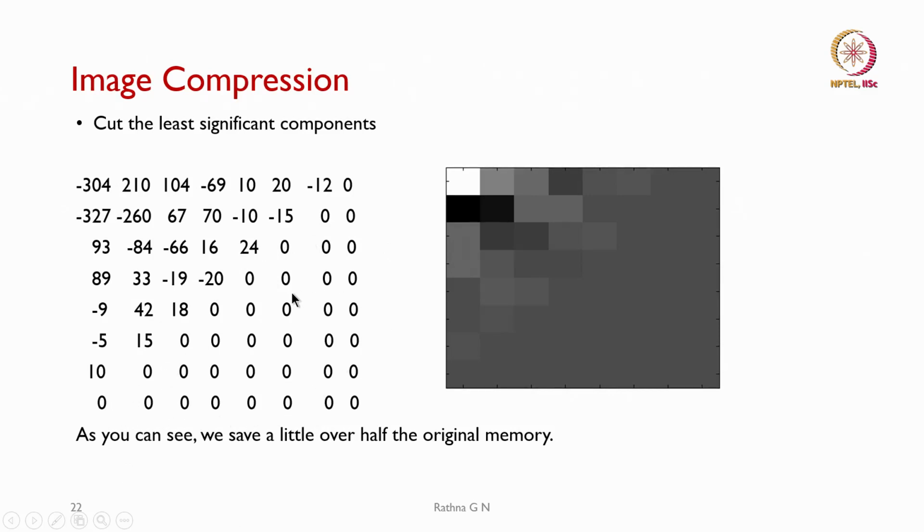This is one way of selecting. The rest of the coefficients we keep as they are, that is, we cut the least significant components. We save a little over half the original memory by doing this. So, this is one way of doing our compression.